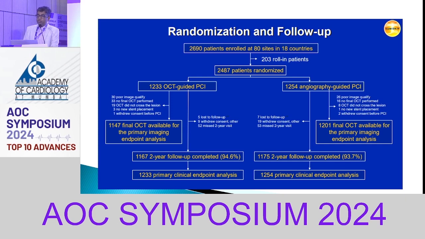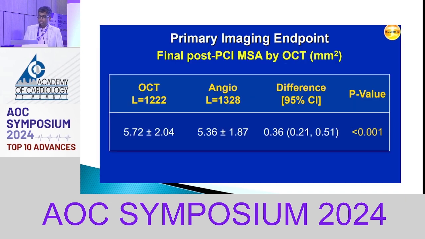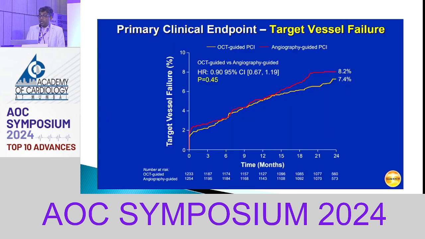And actually during this trial, COVID came. The primary imaging endpoint, a surrogate endpoint, showed MSA of 5.72 in the OCT arm and 5.36 in angiography. Significantly higher MSA was achieved with OCT guidance, and the p-value is significant. But for the primary clinical endpoint, there was not much difference.